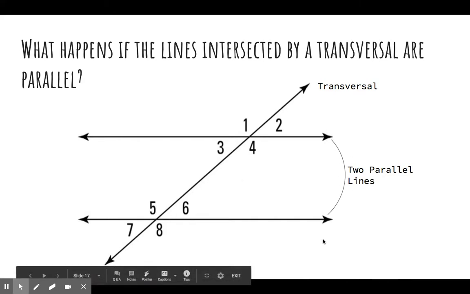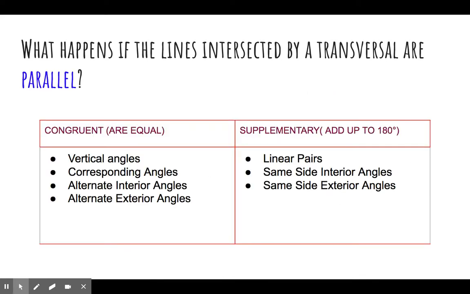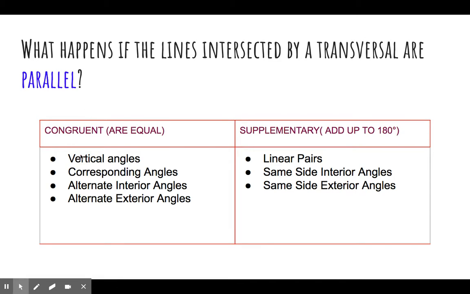What happens then? Well, these angles we talked about would have certain properties. We can say that the vertical angles, the corresponding angles, the alternate interior angles and alternate exterior angles would become congruent. What does that mean? That they are equal in value.